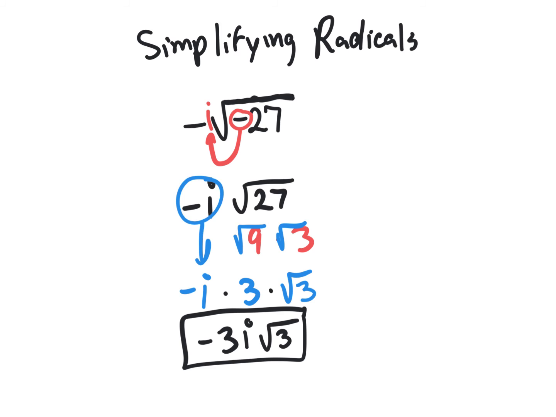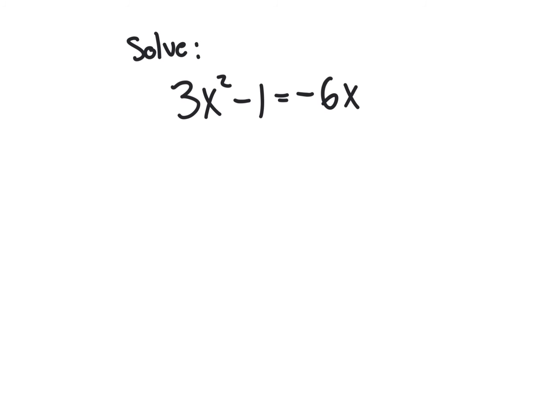Let's try another question. We have, obviously, solving quadratic equations, which, by the way, technically, if you knew the graph, like if you went to Desmos and actually graphed it, we do know the fact that the x-intercepts are the solutions.